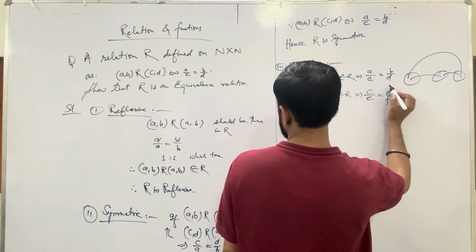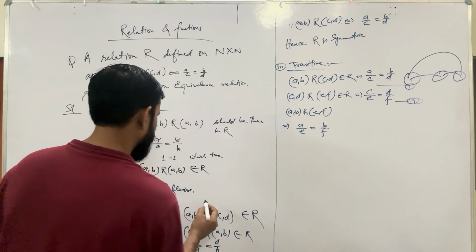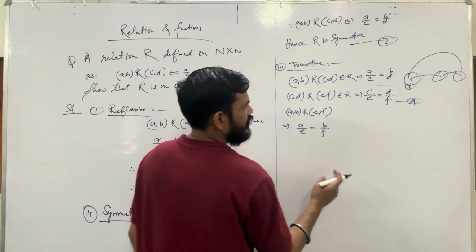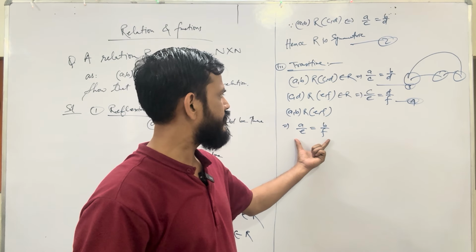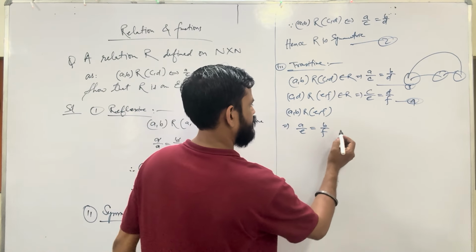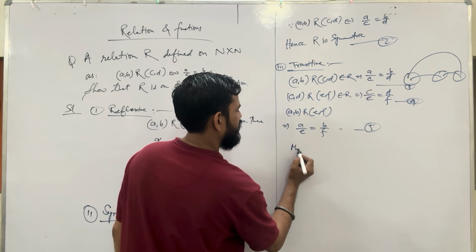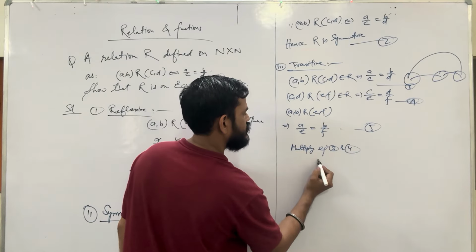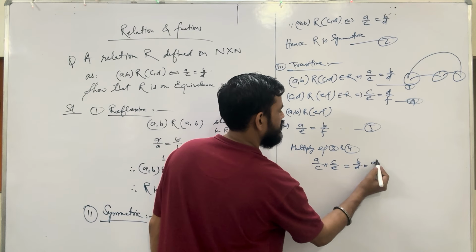Now we have these two relations. Let's say this is 1 and this is 2. No, let me write this as 1, this is 2, this is 3, this is 4. Now you see, from equations 3 and 4 we want to derive this relation. So if you multiply equations 3 and 4, we get a/c into c/e equal to b/d into d/f.